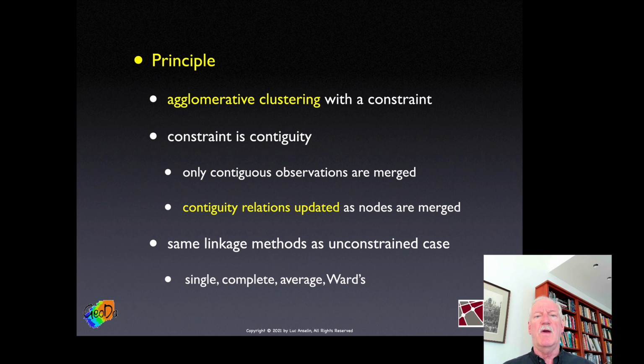So every time two units that are contiguous are merged, the distance matrix shrinks by 1 unit, but also the spatial weights matrix shrinks by 1 unit. This dynamic updating of the spatial weights is something implemented in GeoDa.